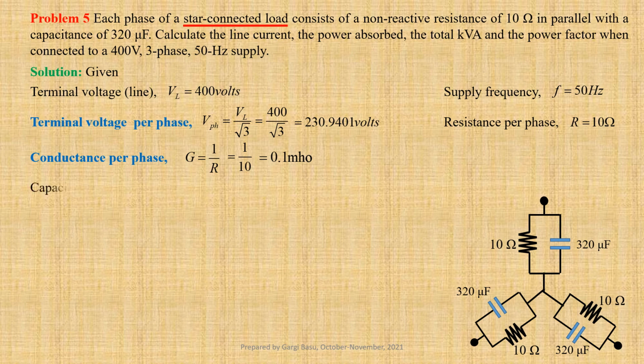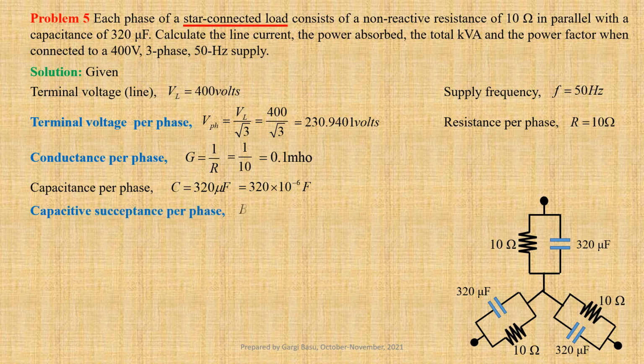Given capacitance per phase C equals 320 microfarad, that is equal to 320 into 10 to the power minus 6 farad. Let us now compute capacitive susceptance per phase. Bc equals 2 pi f into C. Using values we get 2 pi into 50 into 320 into 10 to the power minus 6, that is equal to 0.1005 mho.